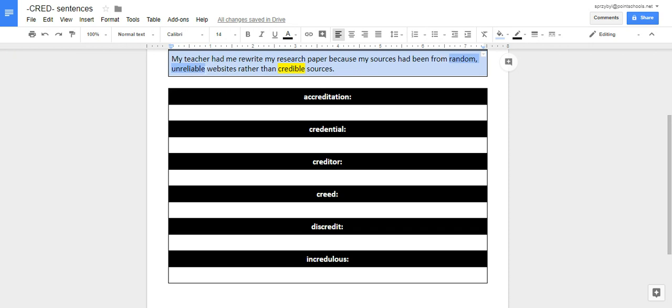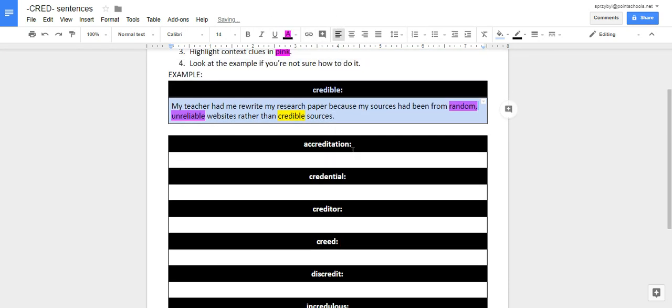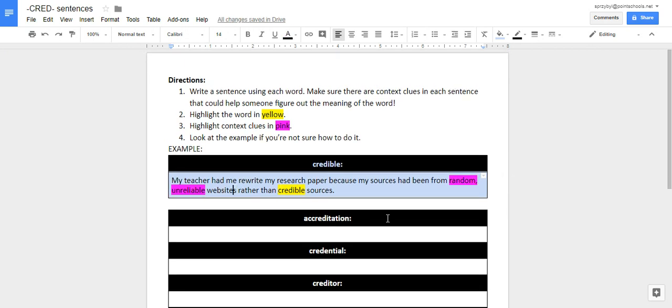Random and unreliable. And I'm going to highlight those in this purpley, pinky color. All right. And then I know that these are antonyms, so I know that unreliable and credible are antonyms because it has this like rather than.